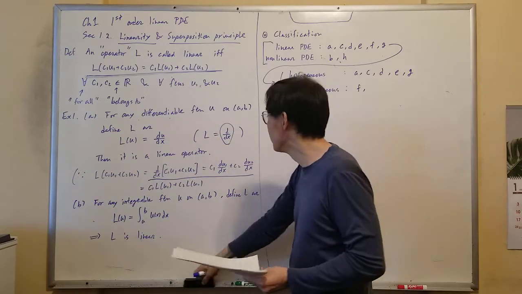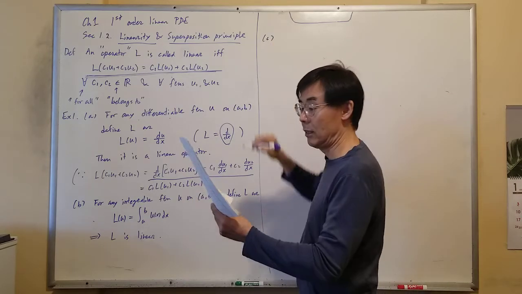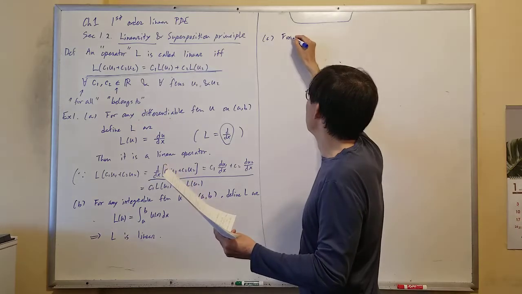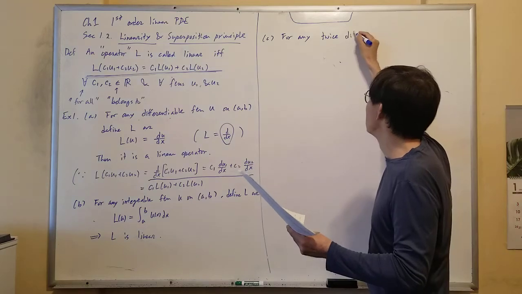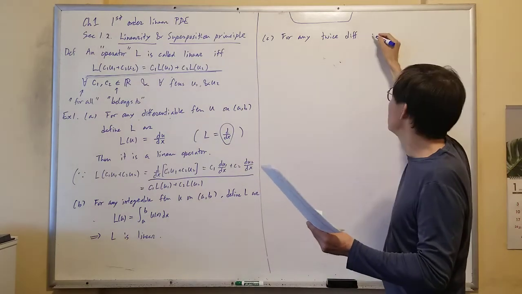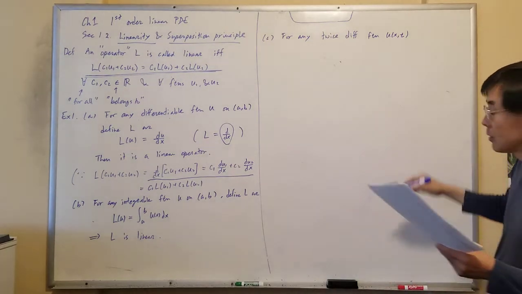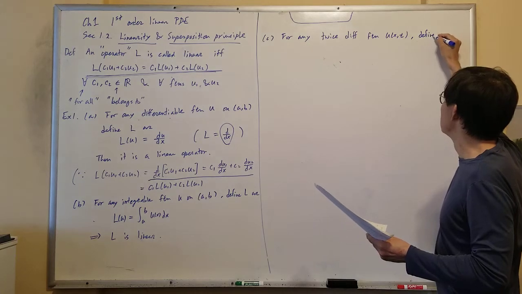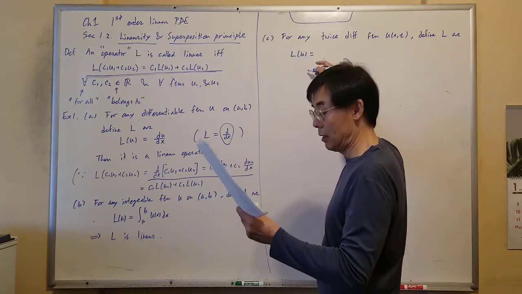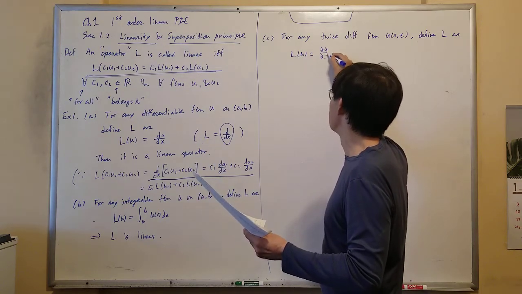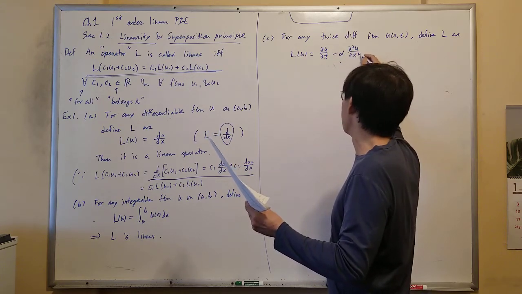What about C? What is C? For any twice differentiable function u of x and t, a function of x and t, define L as L of u equals partial u partial t minus alpha partial squared u partial x squared.